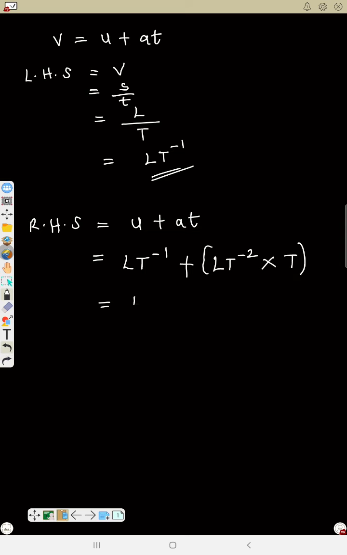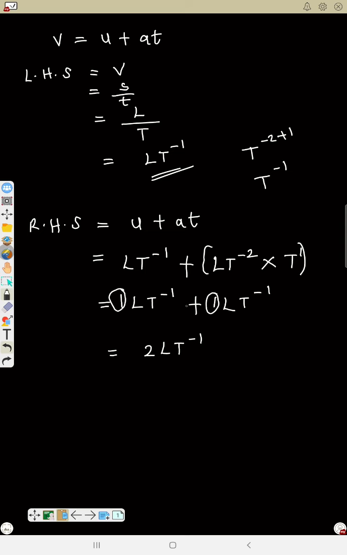So this becomes LT raised to power minus 1 plus LT raised to power minus 1, because the power here is 1 and we know that minus 2 plus 1 will be minus 1. This is the same thing as 2 LT raised to power minus 1, that is 1 LT raised to power minus 1 plus another LT raised to power minus 1, so we have 2 of it.